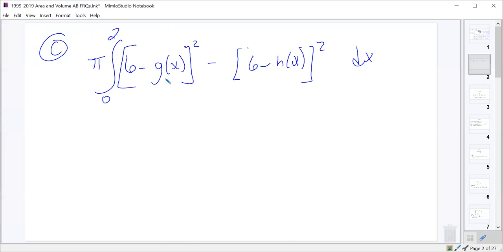If they define those as g and h and you don't have to evaluate or anything, this is perfectly acceptable. This would get you all the points. If you wrote out g of x and h of x, that's fine, nothing wrong with that either, but you don't have to. You can just write g of x and h of x. Everybody good there? Any questions on that?